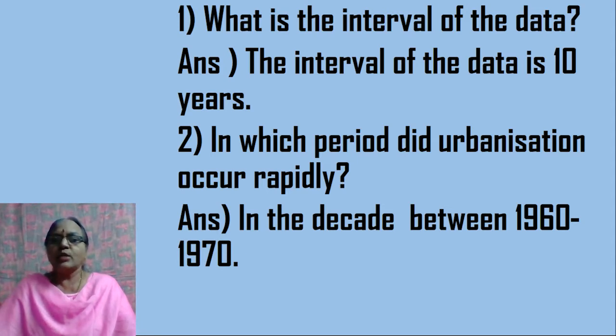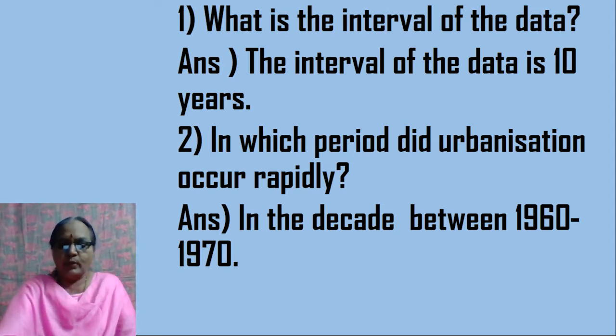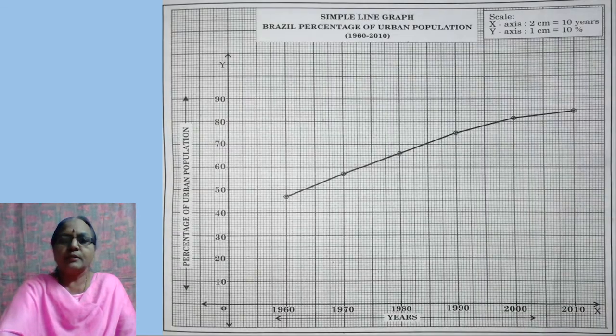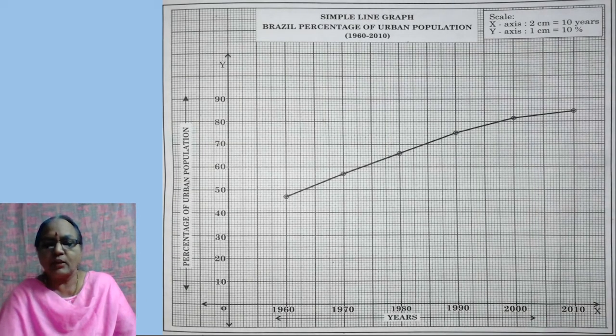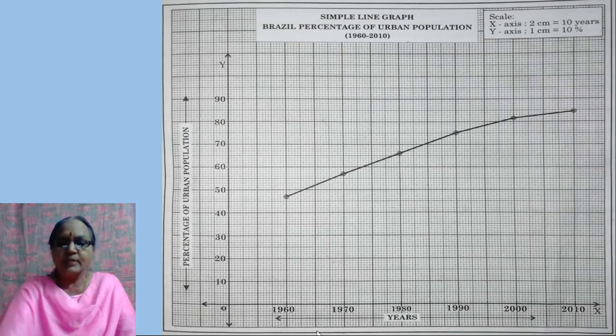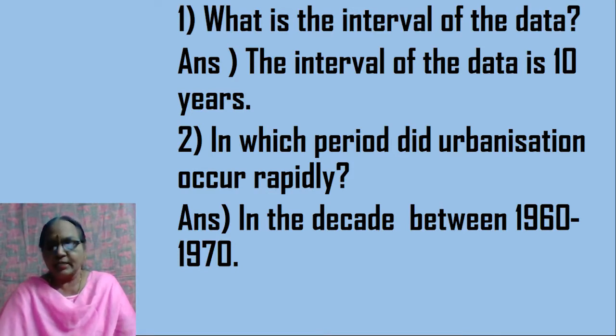What is the interval of the data? We'll have to go back to the graph. So what is the interval of the data? Look at this. We have on the axis 1 centimeter is equal to 10. So the interval of the data is 10 years. In which period did urbanization occur rapidly?